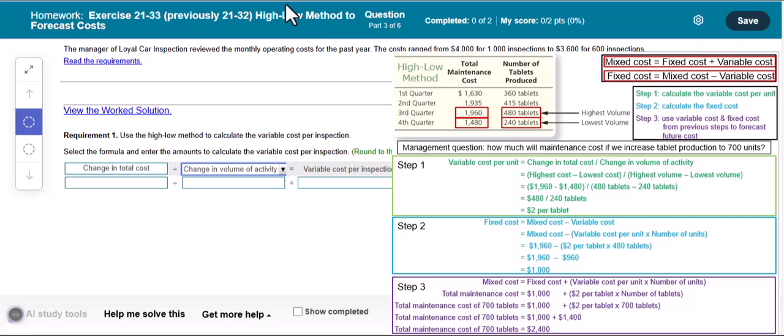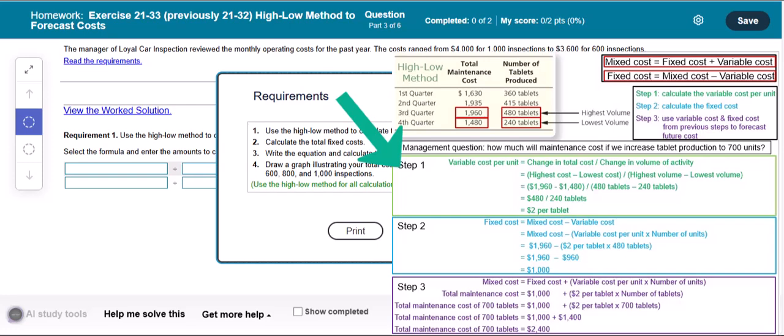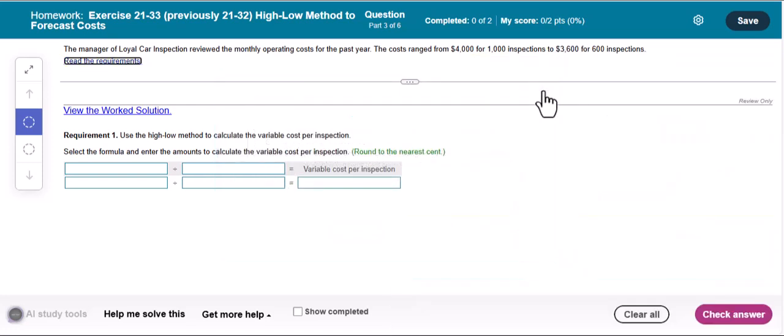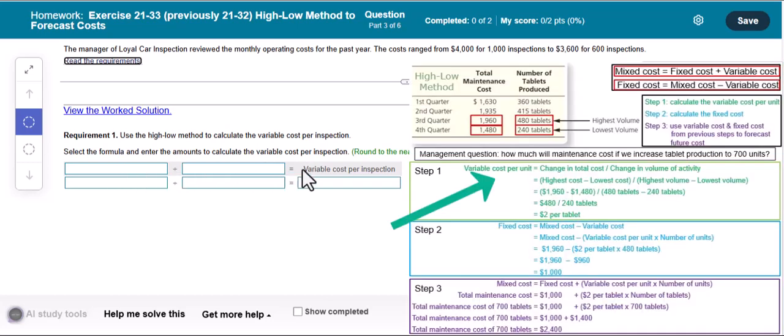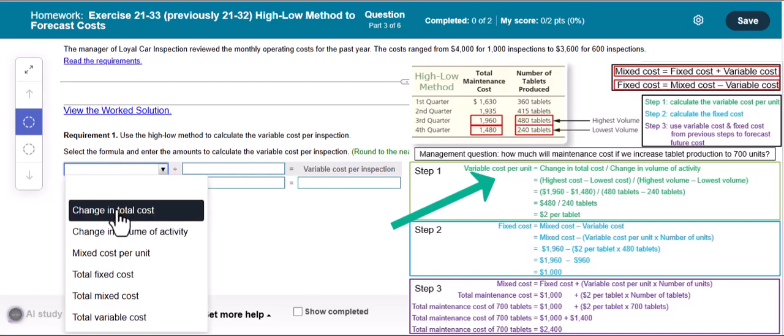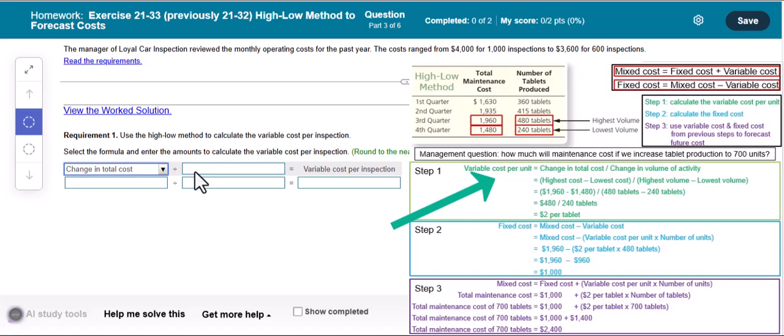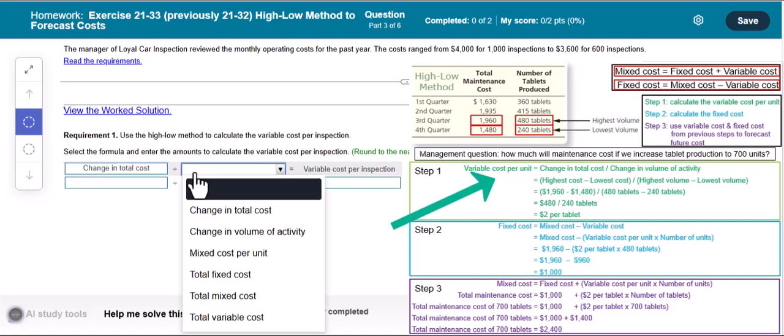In the first step, we're going to use the high-low method to calculate the variable costs per inspection. We're recreating this step here. Let's close out and go back to requirement 1. Let's get the formula in for variable costs per inspection. That is the change in total cost divided by the change in volume of activity.